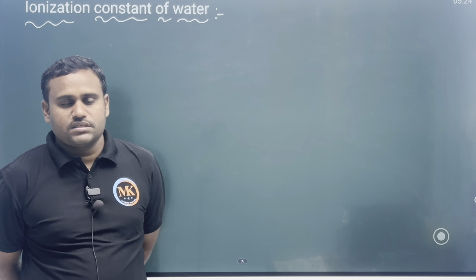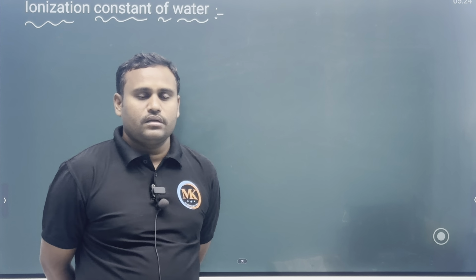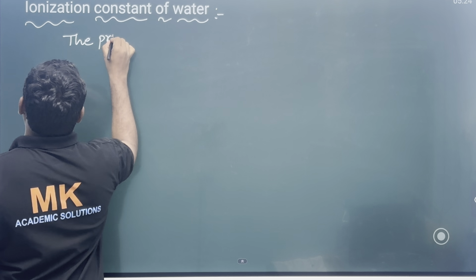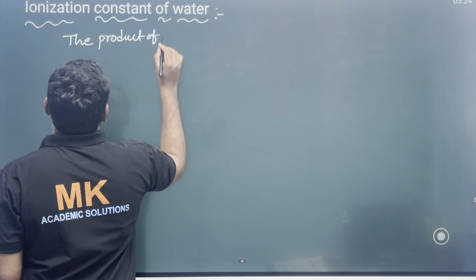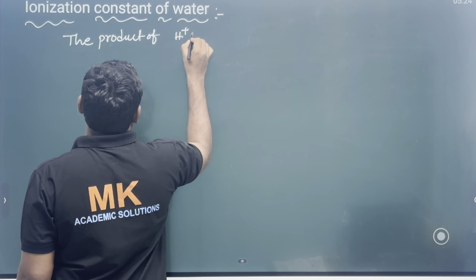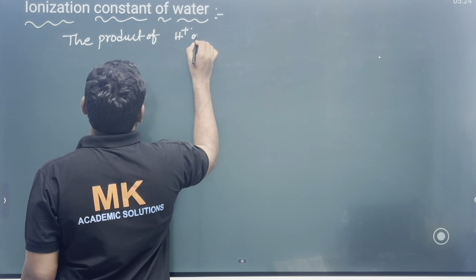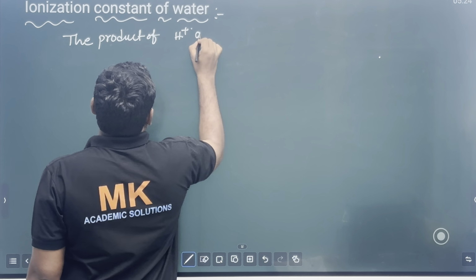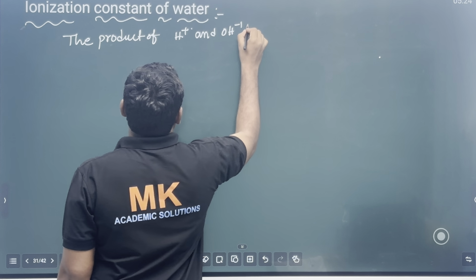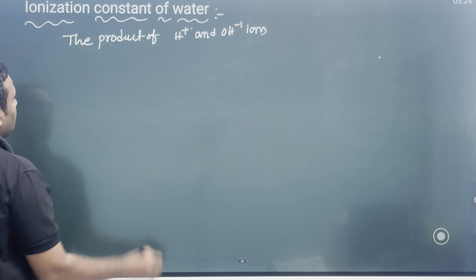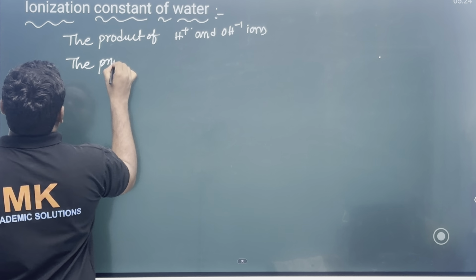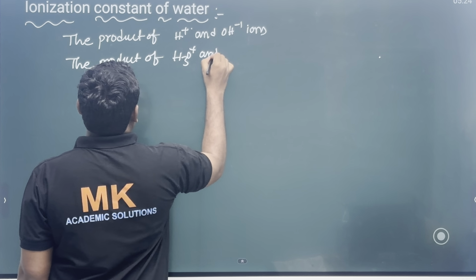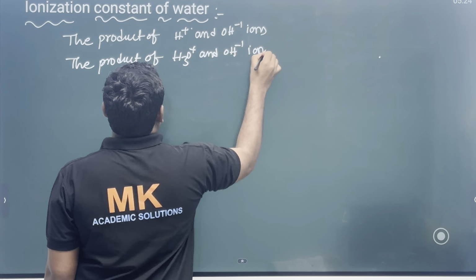The product of H plus ions and OH minus ions present in the water is called the ionic product, or the product of H3O plus and OH minus ions in the water.